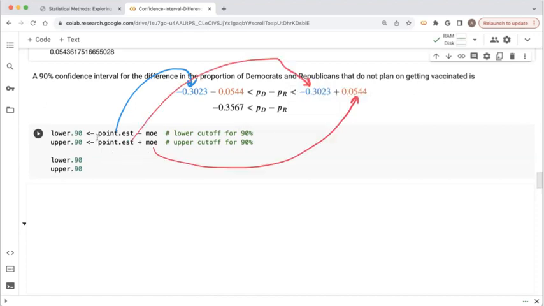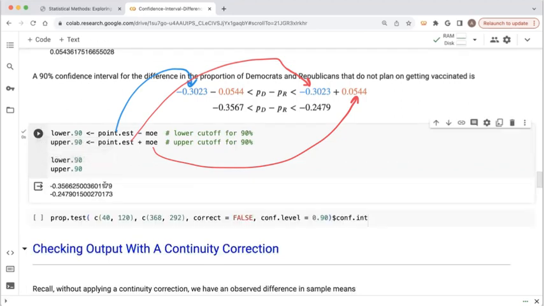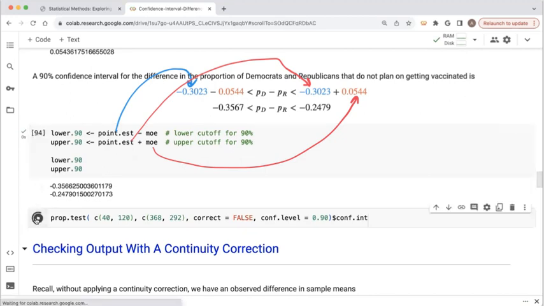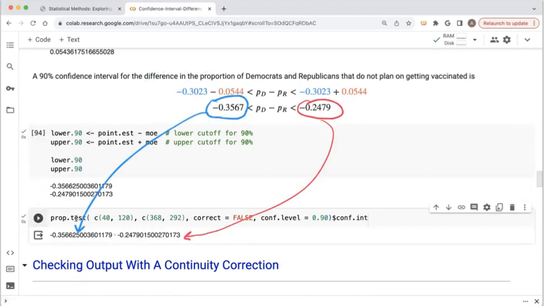For the upper cutoff, we take the point estimate and add the margin of error, and that gives us an upper cutoff of approximately minus 0.2479. Those are the outputs that we get using the formulas that we derived above. And just to check this against the output from prop test, we can see that we're getting exactly the same results as R, which is great.